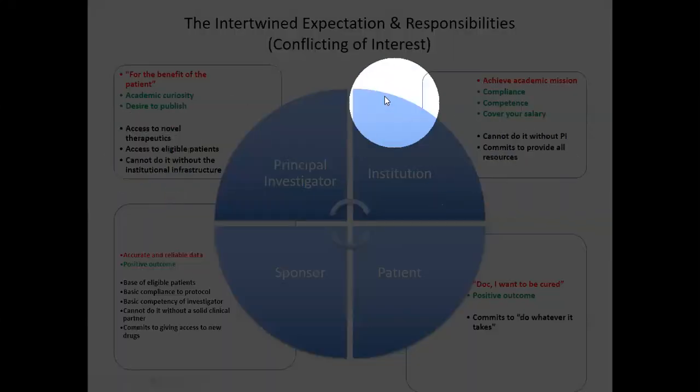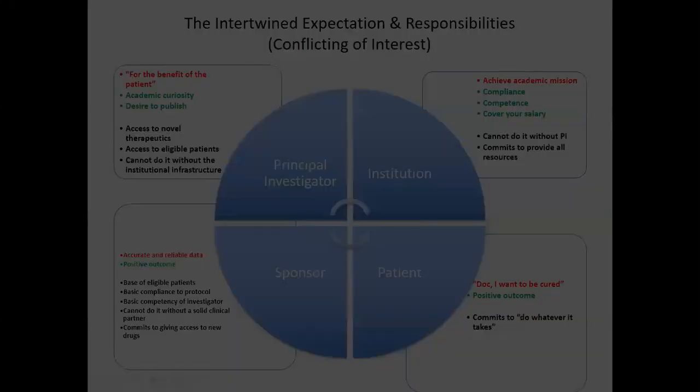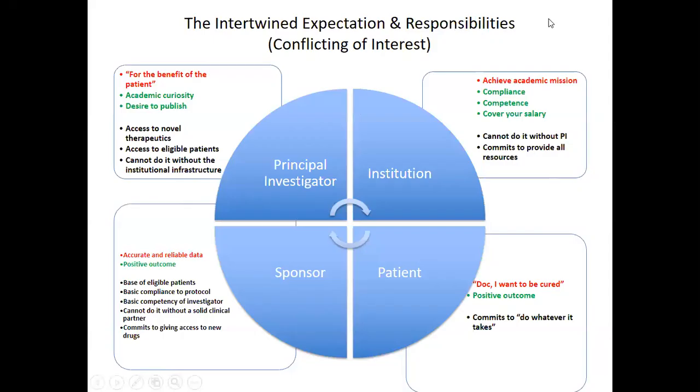What about the institution? What's in it for them? Achieve academic mission. You heard Dr. Vickers talk about it, he gave grand rounds recently somewhere, and he talks about the academic mission. We want to be top 10 in the country, etc. How do you become top 10? So that you have more PIs, doing more studies, more discovery. So we want to really do clinical investigation. On the other hand, they expect you to be compliant, competent. Well, in the context of it, make sure you cover your salary as well.